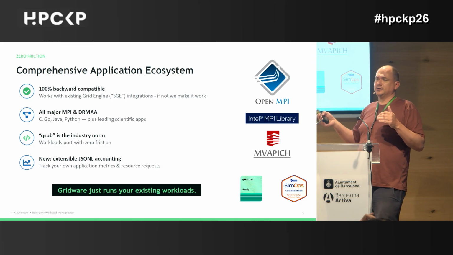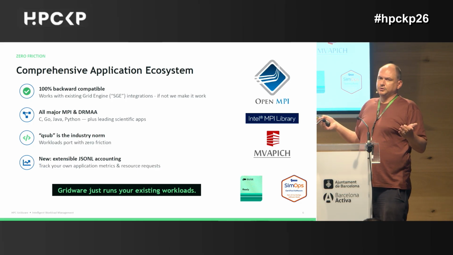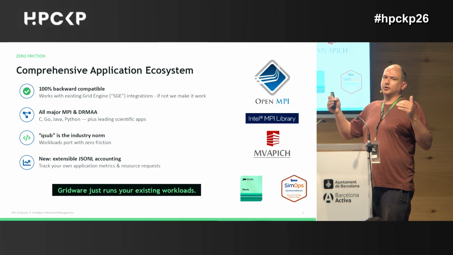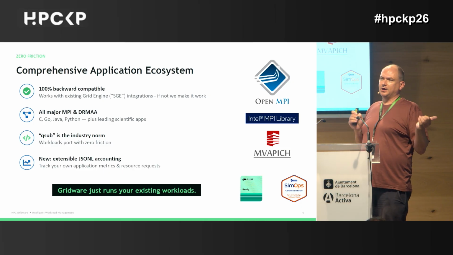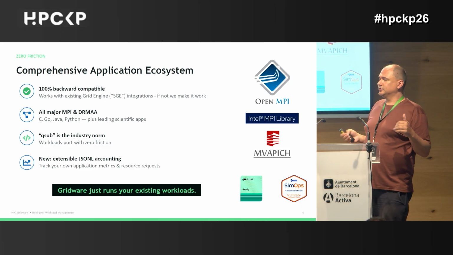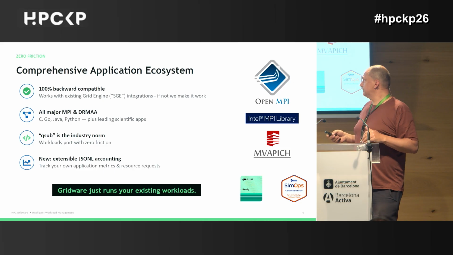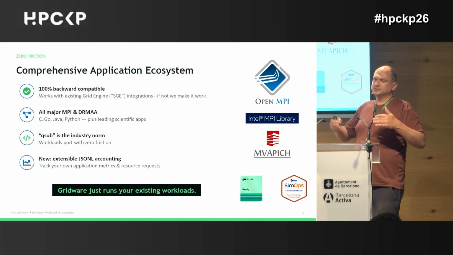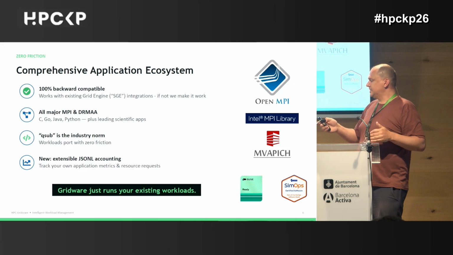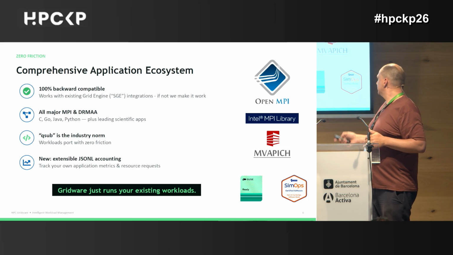We are using that, for example, for our GPU integration, so you can have per-job GPU accounting inside, or for other jobs, you can have other extensions inside the very same accounting record, which is a complete JSON expression. And then the administrator, of course, can add their own extensions to their workloads.